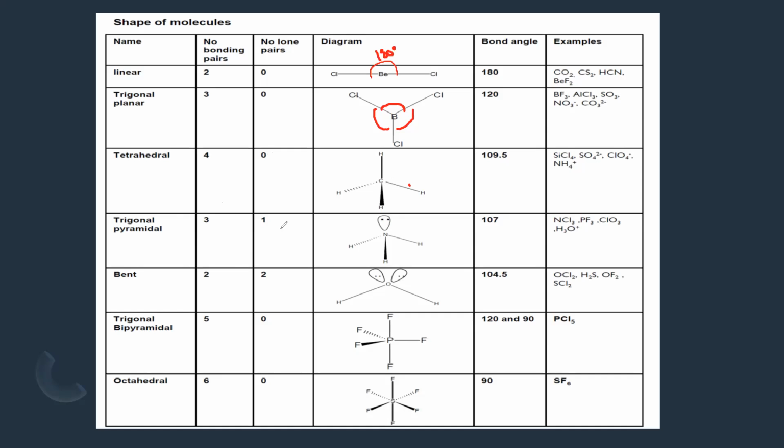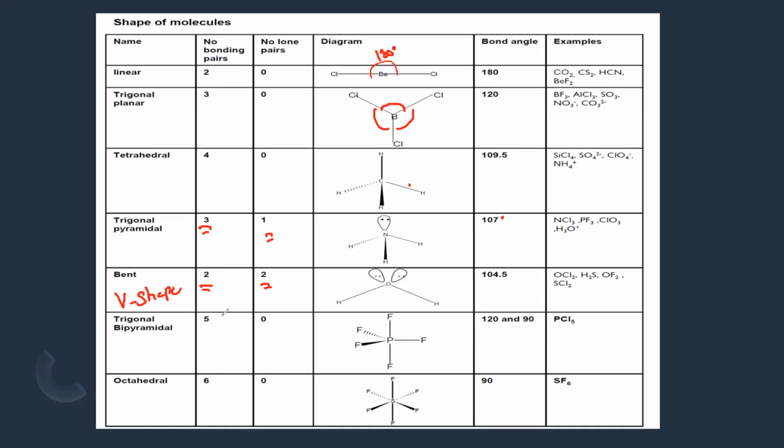If there are three bond pairs and one lone pair, this is the same example which we did just now. So what will be the structure? That's called trigonal pyramidal with a bond angle of 107. If there are two bond pairs and two lone pairs, then the bond angle will be 104.5, and the structure is known as bent, or you can also say V shape.